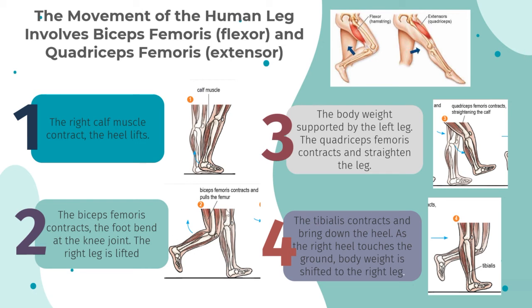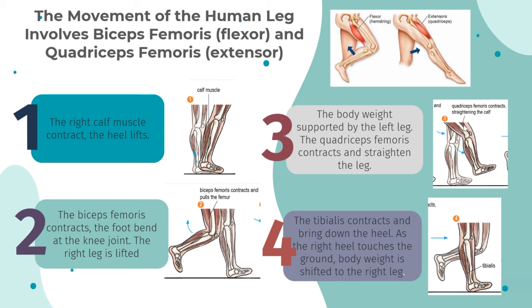And then number 3. When the right leg is lifted, the body weight is supported by the left leg. After that, what happens? The quadricep femoris, we are still talking about the right leg, contracts. The quadricep femoris is at the front part.